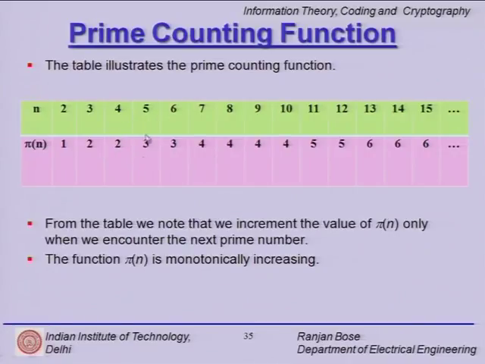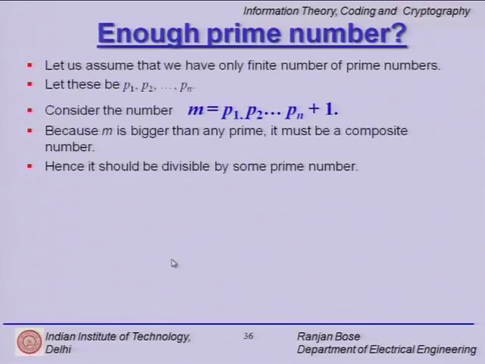Then 5, prime number, count increases. 6, prime number, no, count does not increase. We encounter another prime number, so pi as a function of n increases, and so on and so forth. This is the prime counting function. This function is monotonically increasing.